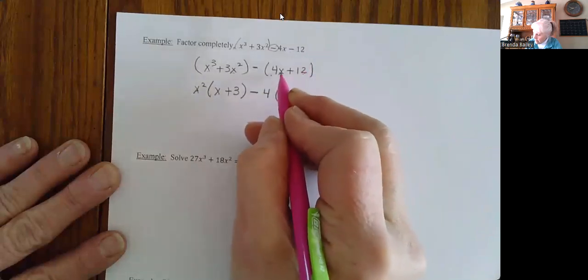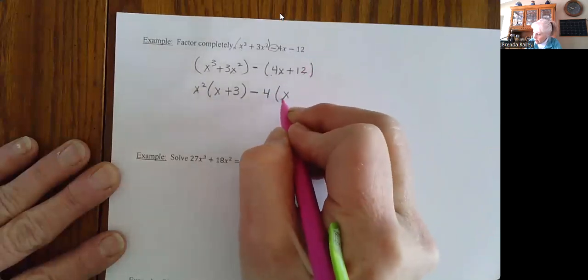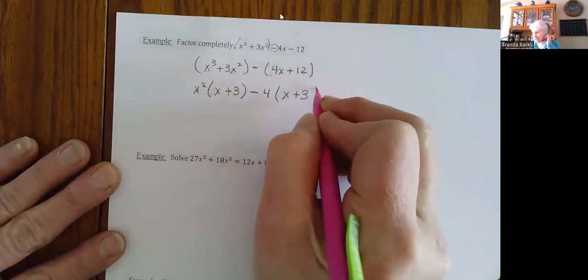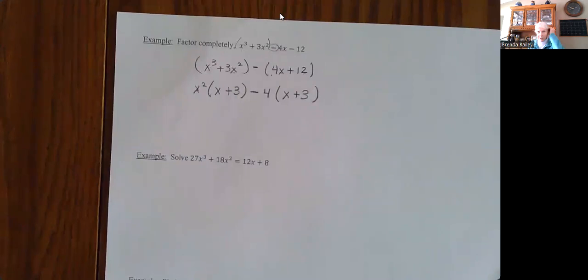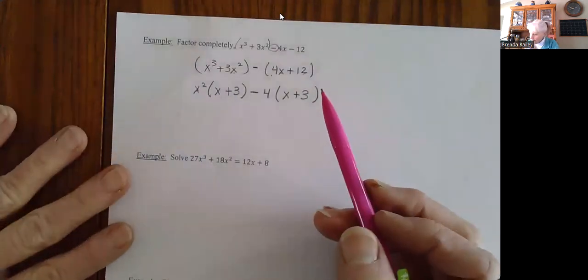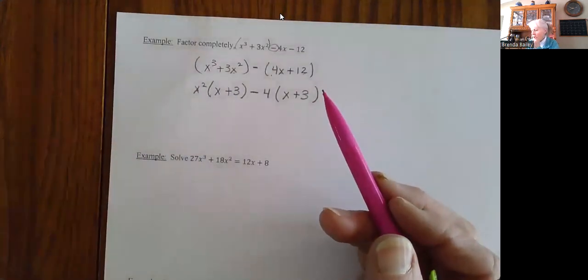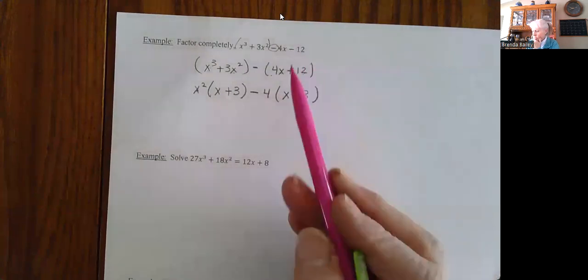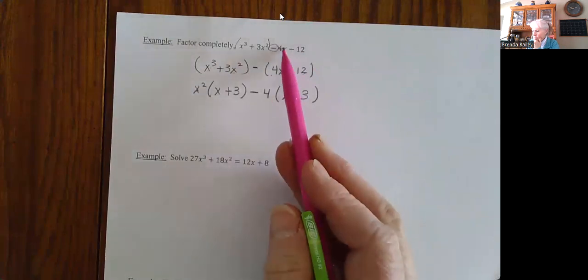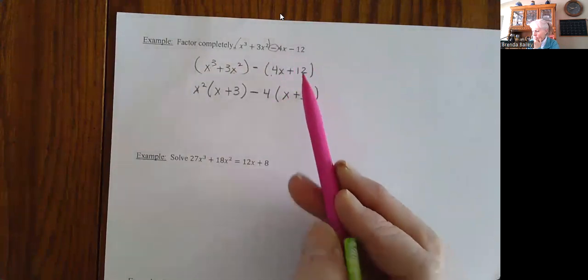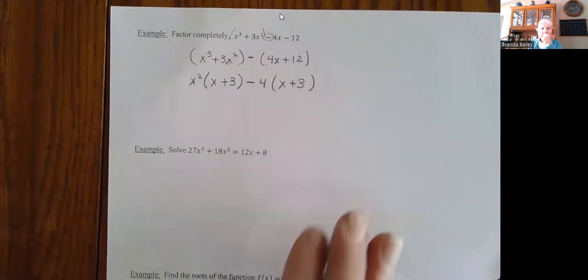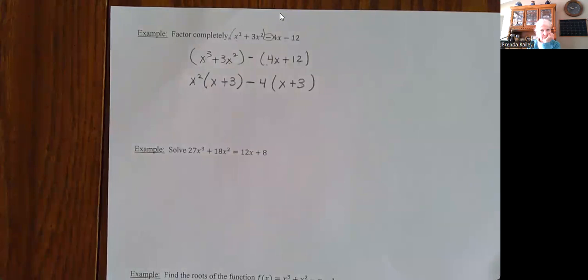So this divided by this gives me x. 12 divided by 4 gives me 3. Got to watch the signs there. So if you multiply this, you have to come back to the original. So this times this is a minus 4x. This times this is a minus 12. So just watch that and double check and make sure you've done it right so that you come back to the original.